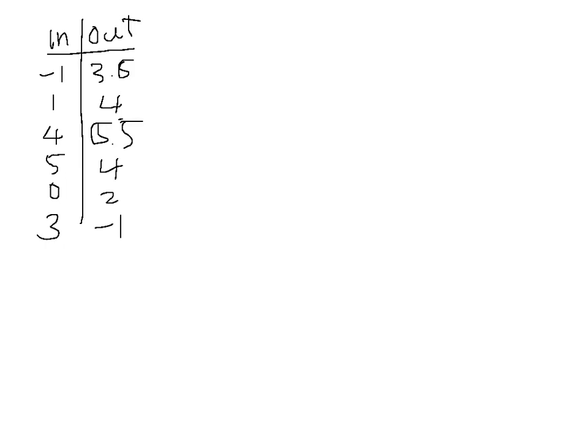If we graph that, we would have negative 1 and 3.5, then 1 and 4, then 4 and 5.5, and then 5 and 4, somewhere over here.